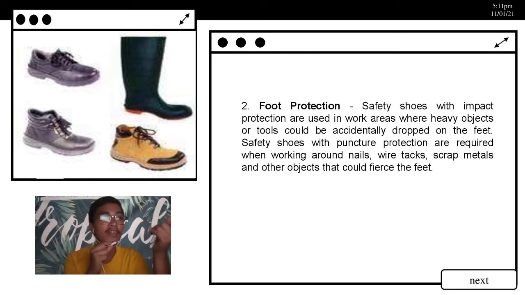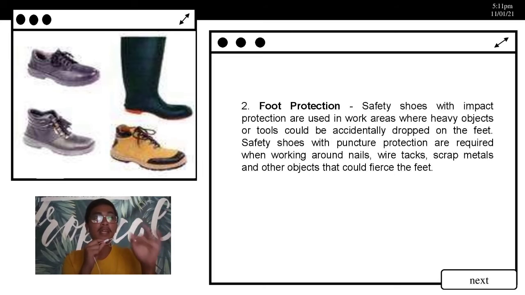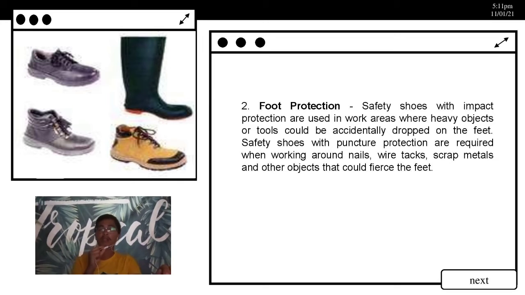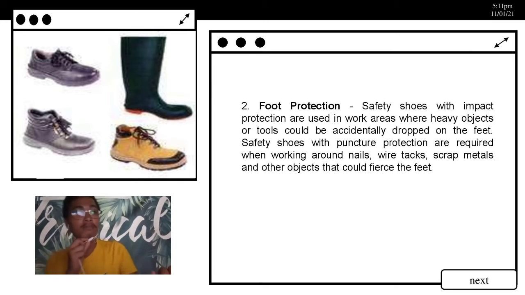So the yellow rectangle with black ST letters, the yellow rectangle that indicates sole puncture protection, and the red rectangle with white C letter markings of safety footwear, you really should not wear in a workplace that is directly involved with electrical conductors that can cause dangers.